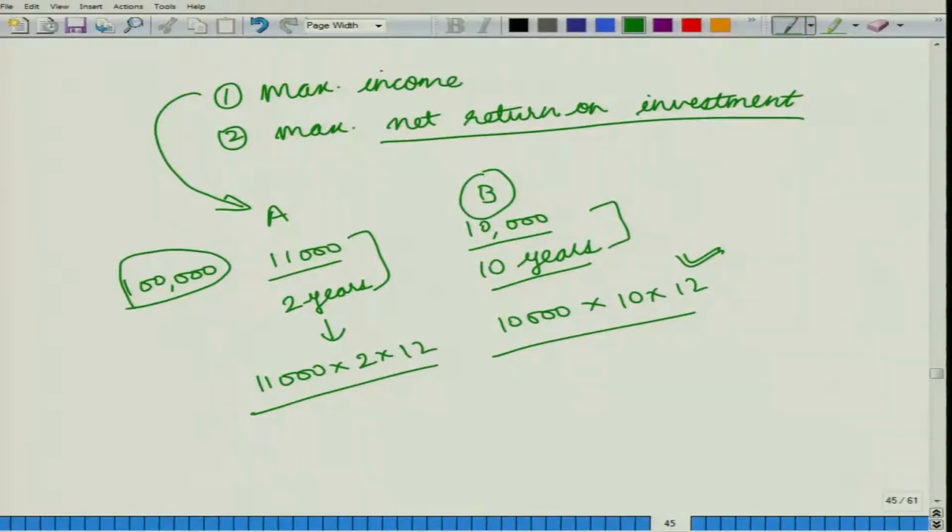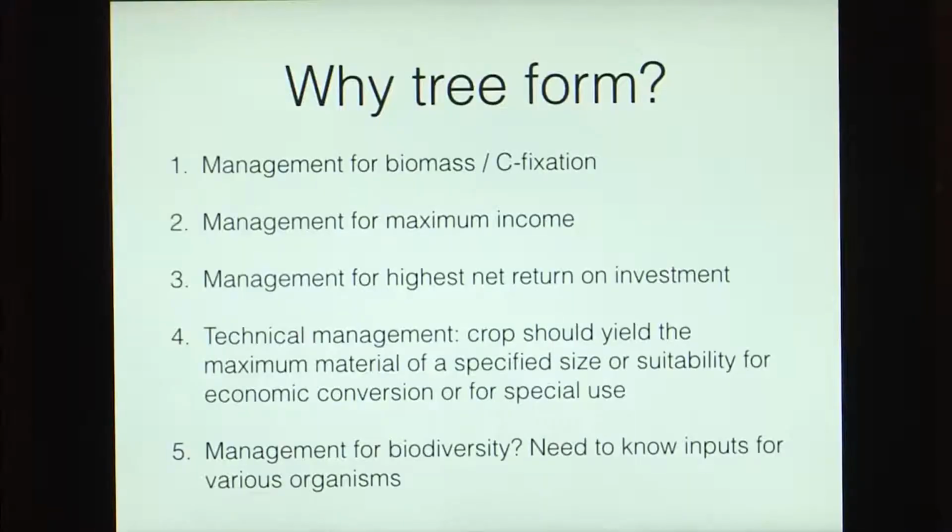Now, we can also be managing our forest stand, as we can see in this slide, for technical management. What do we mean by technical management? Technical management means that a crop should yield the maximum material of a specific size or suitability for economic conversion or for special use.